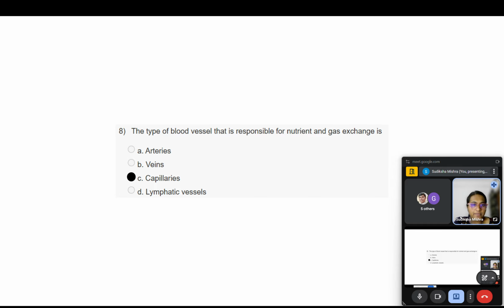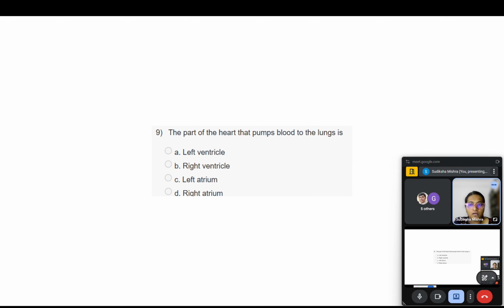The answer is capillaries. The part of the heart that pumps blood to the lungs is left ventricle, left atrium, right atrium, or right ventricle. The answer is right ventricle.